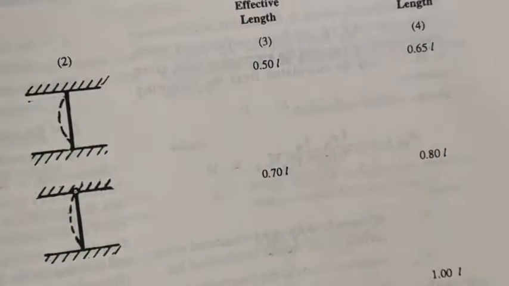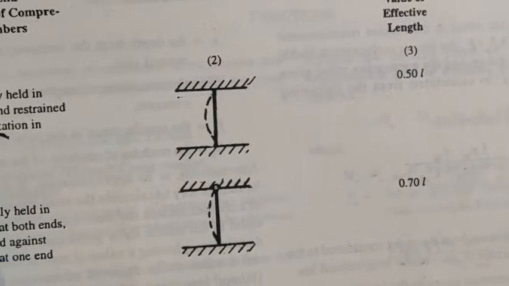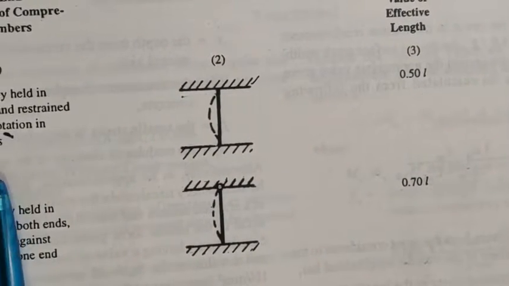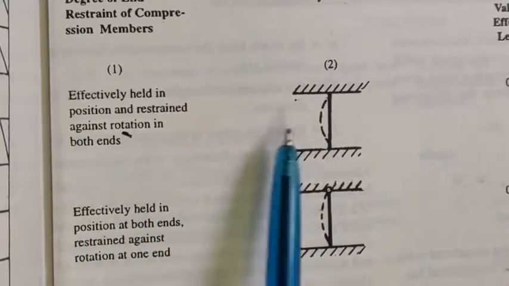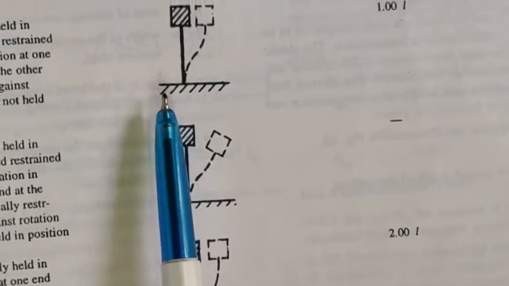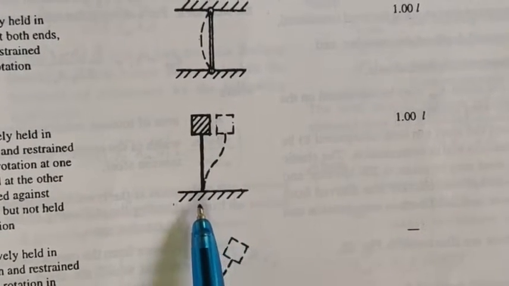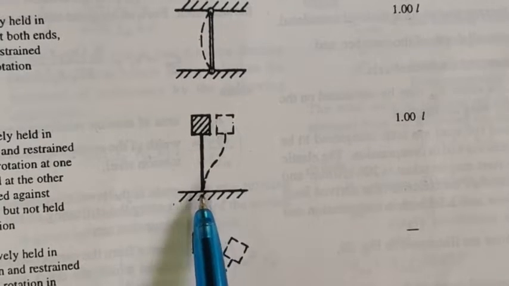Okay, so it is this particular case only, restrained in position and restrained against rotation at both ends. It cannot rotate and it cannot move. Look at this other case. For instance, at one end it cannot move and it cannot also rotate.